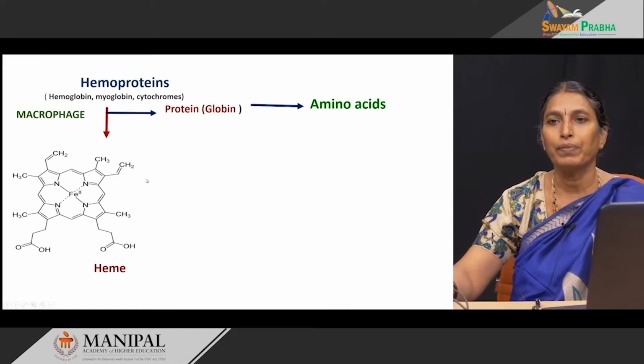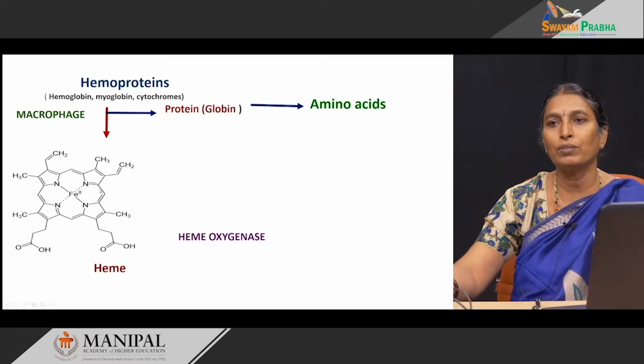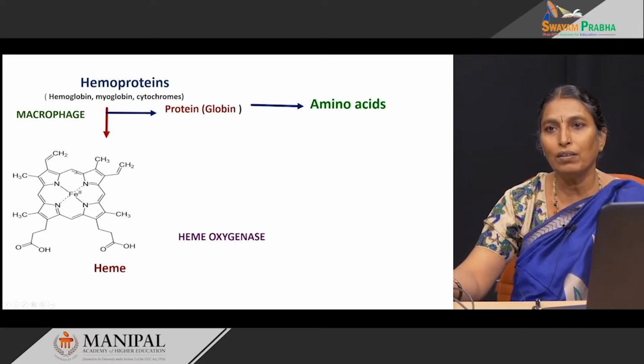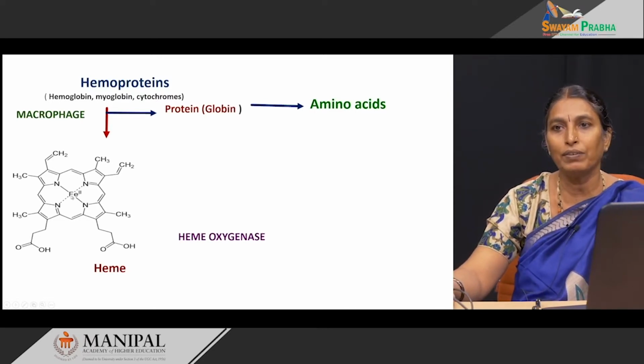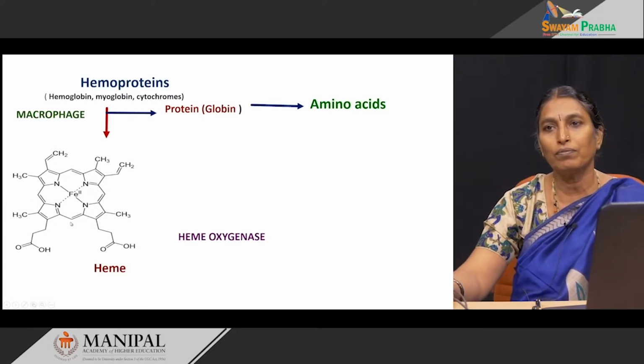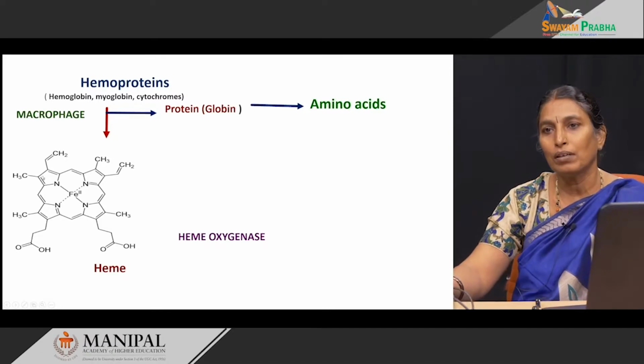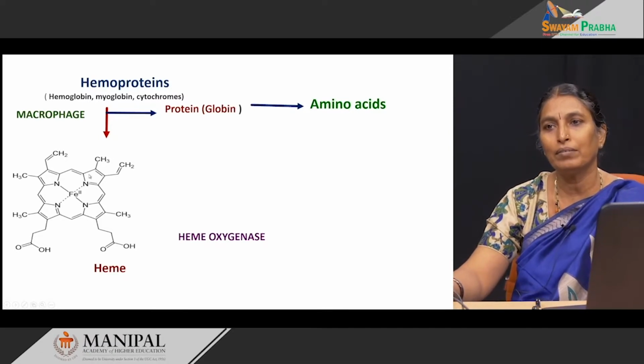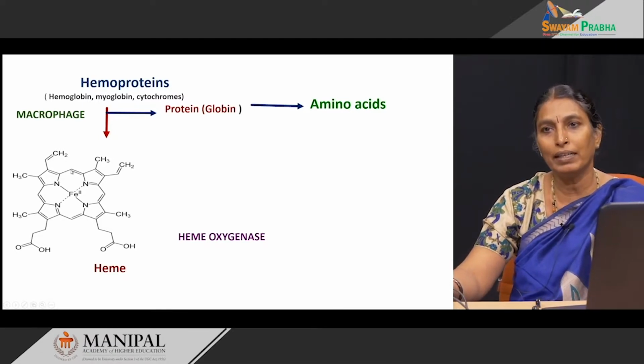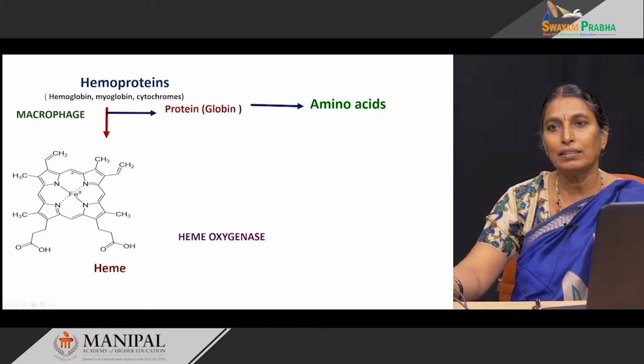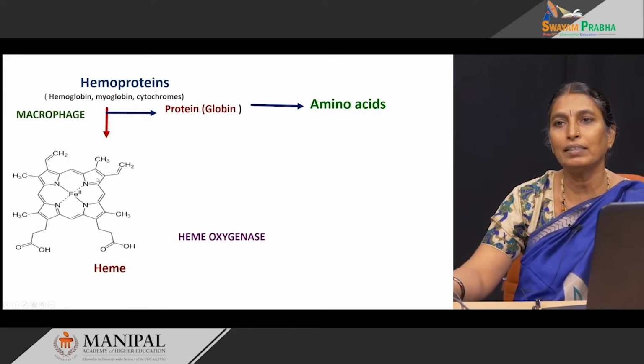Now, the fate of heme: heme oxygenase acts on this heme. First the Fe2+ becomes Fe3+, the ferric form. When it is Fe3+, this molecule is called hemin. Then one more NADPH attaches here. This is the alpha bridge, this is a pyrrole ring or the first pyrrole ring of the structure, and this is the second one.